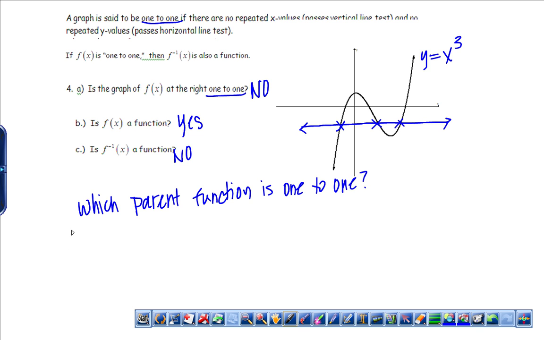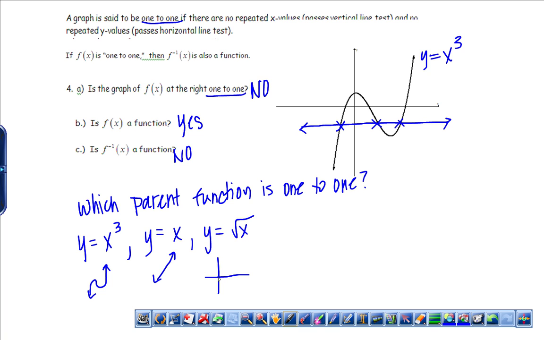All right, so we know x cubed is one of them because we already wrote it out. We've already talked about x squared. We did it in the previous problem, so x squared is not. Y equals x is 1 to 1. So here's x cubed, that is. Y equals x is.